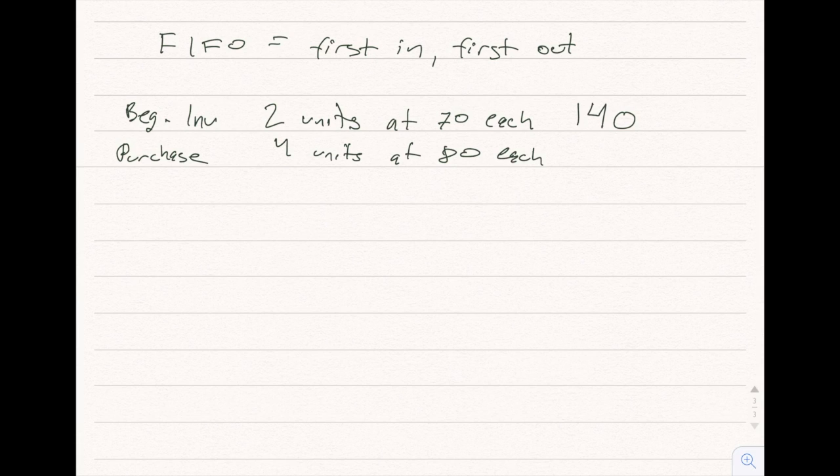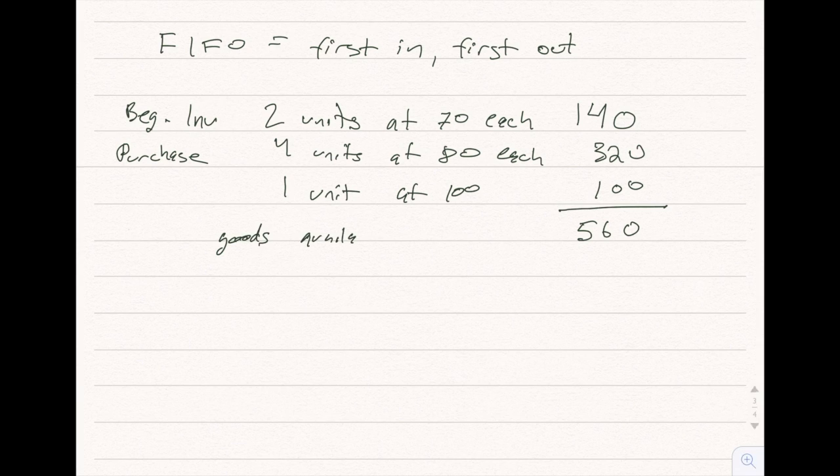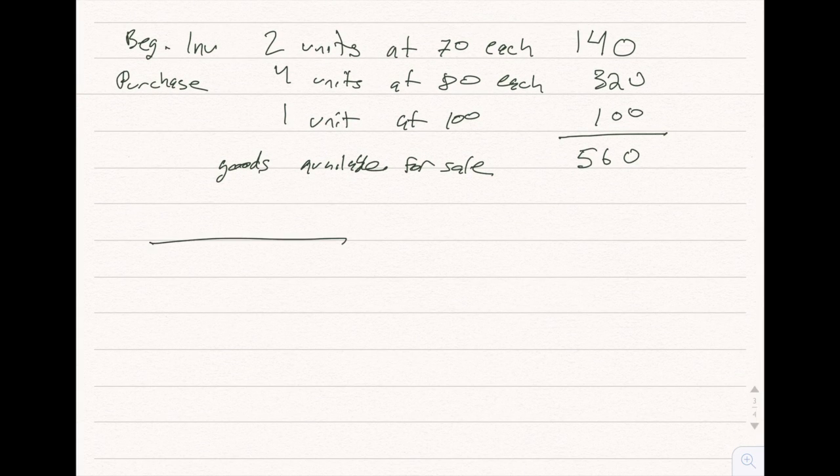So 4 times 80, 320. And then you bought something a little more expensive, 1 unit at, say, 100. Okay, that's 100. Goods available for sale, 320 plus 100 is 420, plus 140, 560. And this 560 is your goods available for sale. So you haven't actually sold it yet. This is just what's in your inventory account, right? So it's like this.